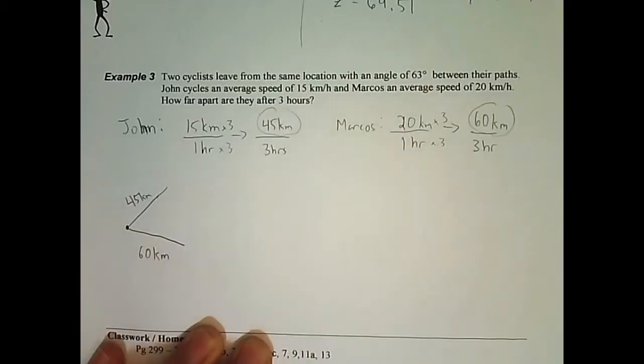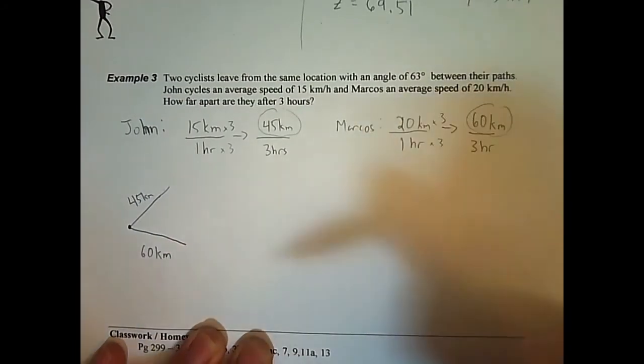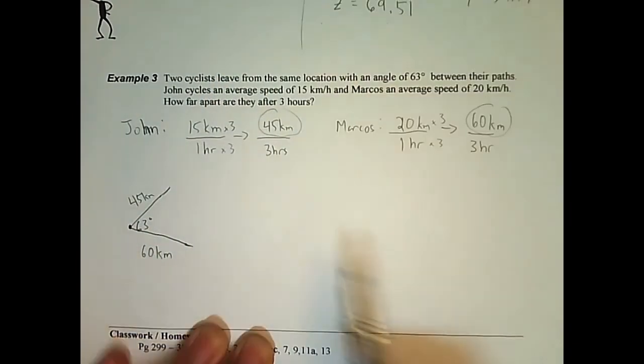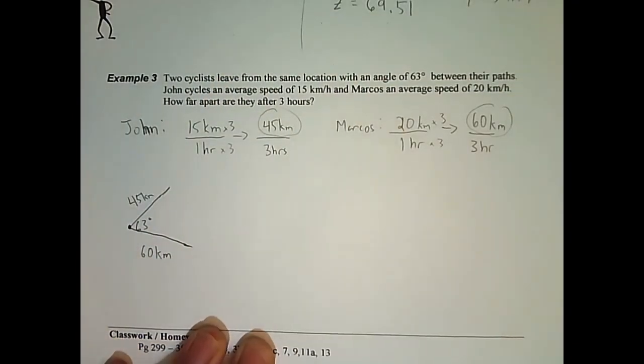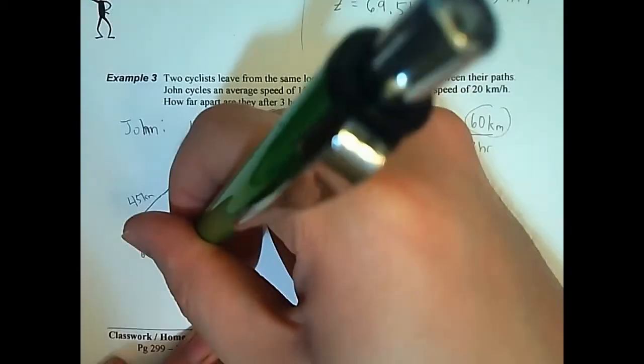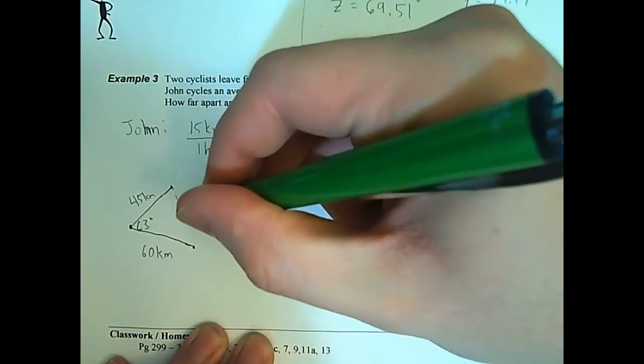So I just drew that one line longer. And then it said the angle between them is 63 degrees. So this is 60, this is 45. They want to know how far apart are they after these 3 hours. Well, if John landed here and Marcos landed here, what is the distance between them?